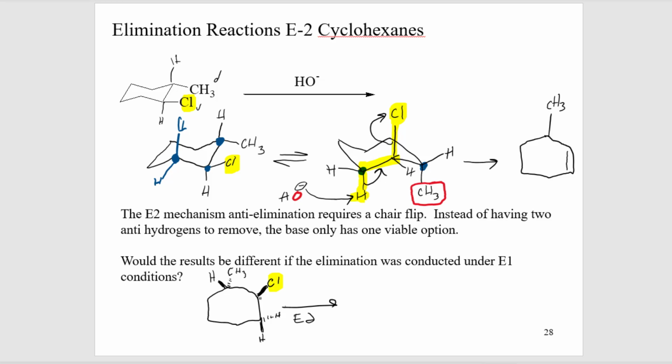The only way I can eliminate a hydrogen that's back, notice that this is the only H down. The other hydrogen on the other side, you can't get at because they're both cis to each other. You can't change the stereochemistry. It is what it is. So therefore, the OH minus, doing the same exact chemistry as above, is only going to give you one major product for this reaction due to the constraints of anti-coplanarity. That is the only double bond you can get.